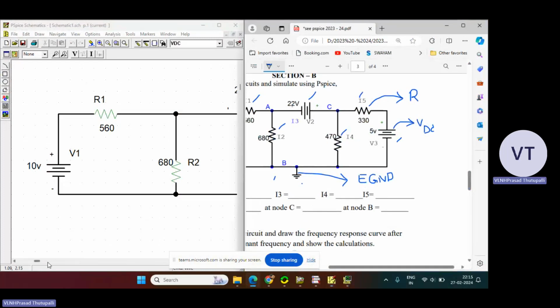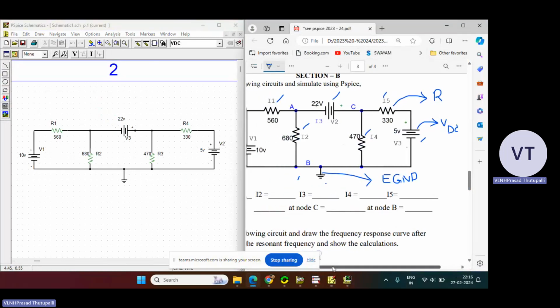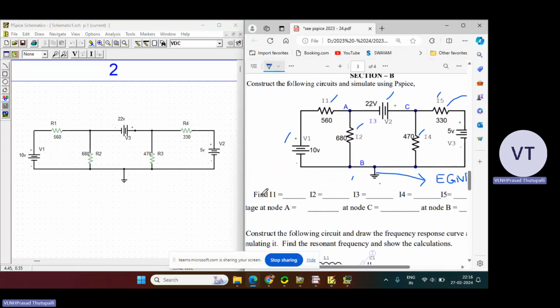So what you do is, you ask the first question. That is I1. I1 is the current flowing through this. So here there is a provision like this. I means it will show you the bias point details, current display. If you click on this, it is showing the current flowing through various branches.